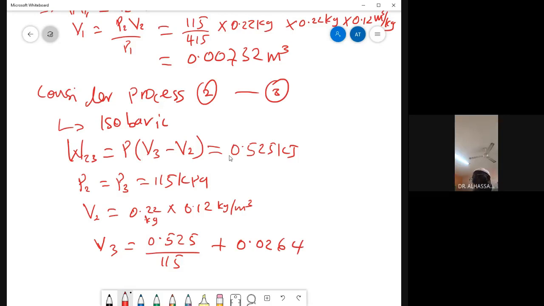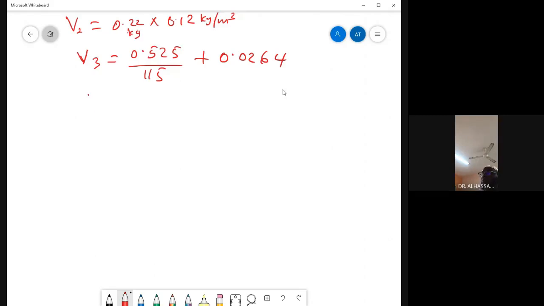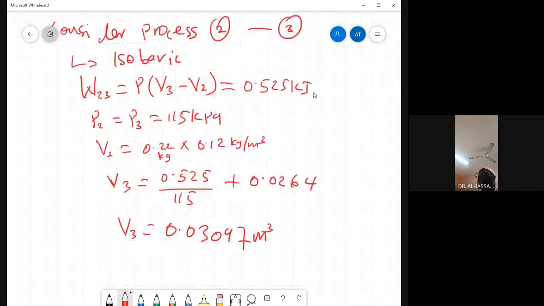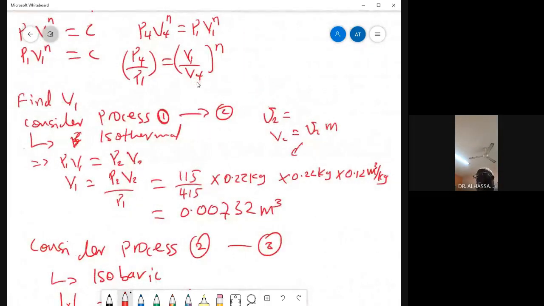So eventually V3 becomes 0.03097 meter cube. Okay, so now we have determined V3. So now we can easily use this equation now, seems to me. V3 and V4 are the same.